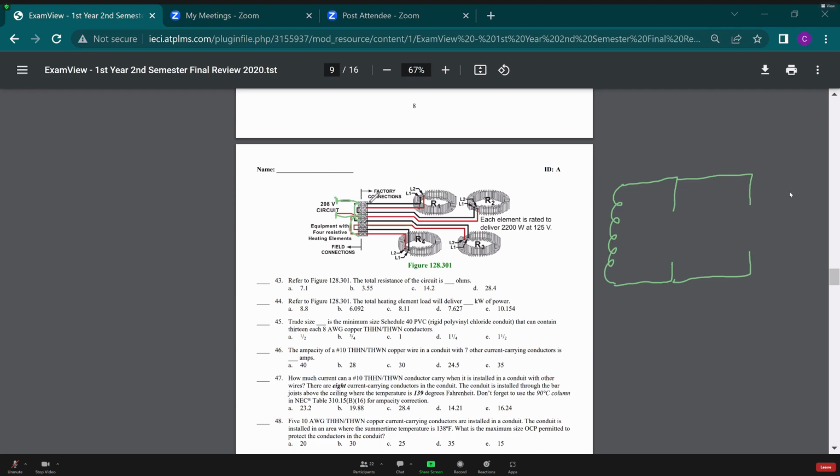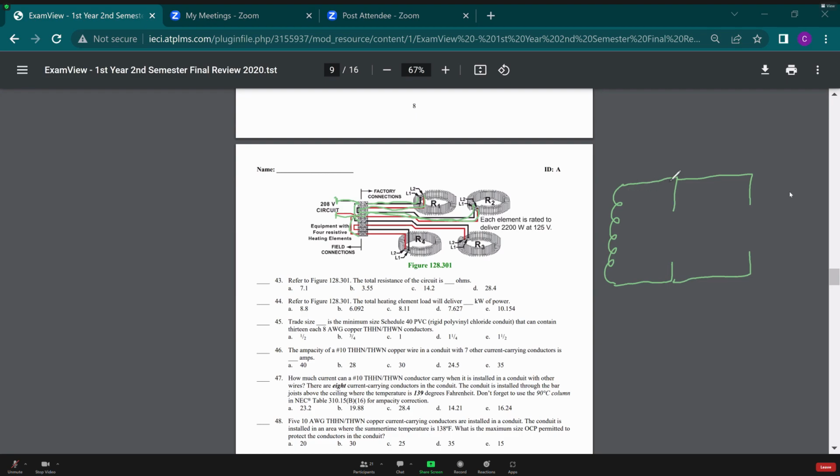For my first set, I can come out to L1. I have to go through my element and come back to L2. Now I have a tiny little nib that jumpers over to L1 on my second resistor. And then I come back on the red. That red is connected to the red going to my power source.